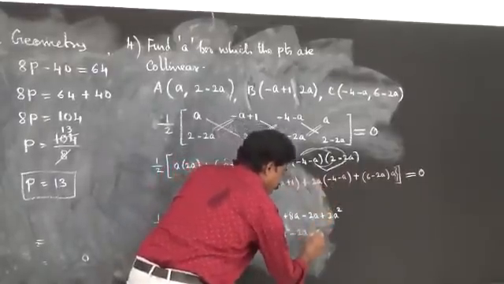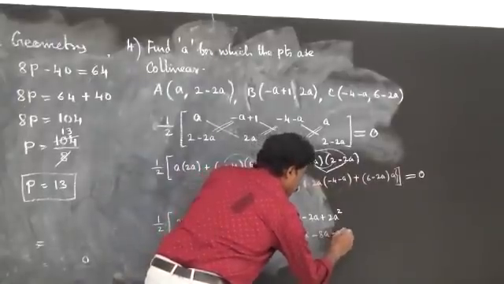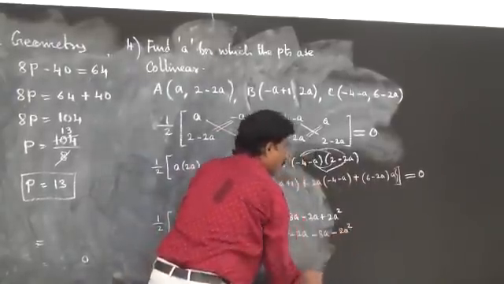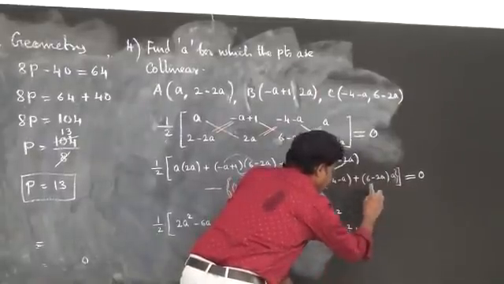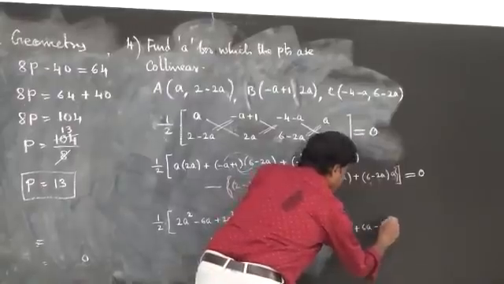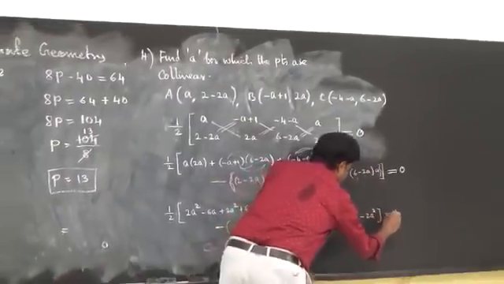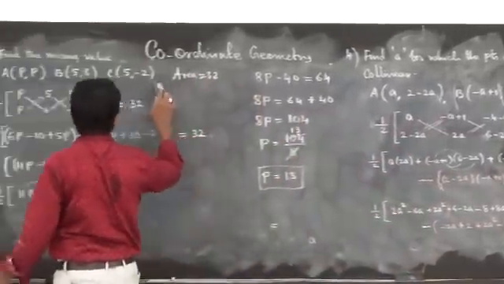Here 2a into minus 4 is minus 8a, 2a into minus a is minus 2a square. One more, 6 into a plus 6a, 6 minus 2a into a is minus 2a square. Don't forget this 0.